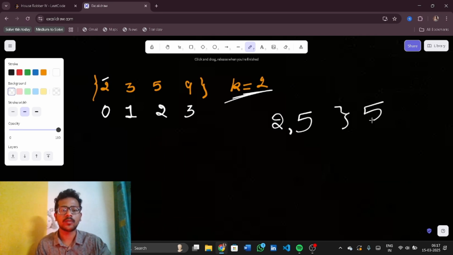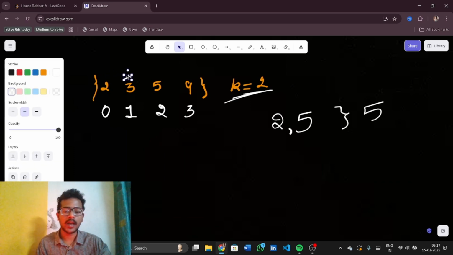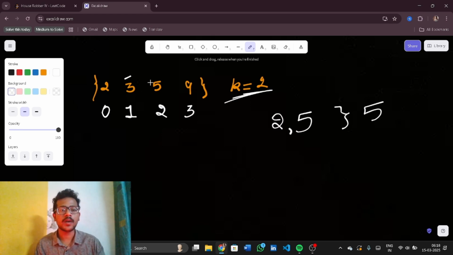5. Now let me take another combination here: 3 and 9. Here I get 3 as my first house robbed, and 9 as the next house robbed, because the adjacent one I cannot take.